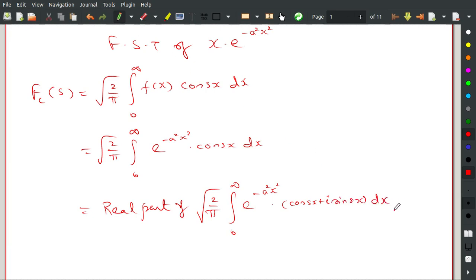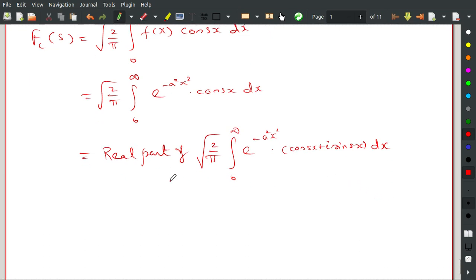Okay, if we take the real part, we get back the original integral; I am just writing this integral in this form.